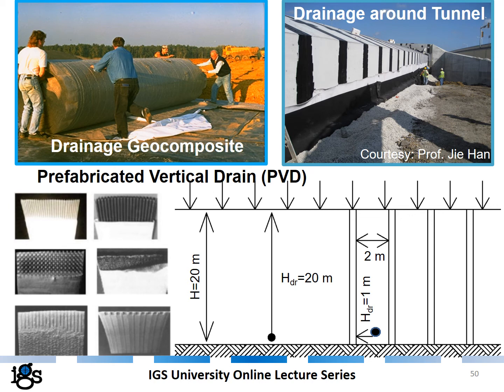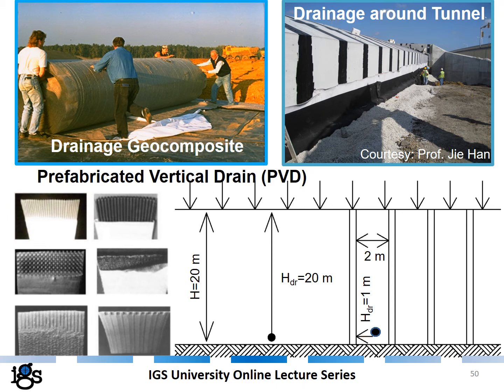And in this example, I have shown a 20-meter thick soft clay upon which an embankment will be constructed. So let us say the consolidation can be completed in 40 years. And when we install these prefabricated vertical drains, the drainage height reduces from 20 meters, considering that we have an impermeable soil strata below the soft clay, to only 1 meter.